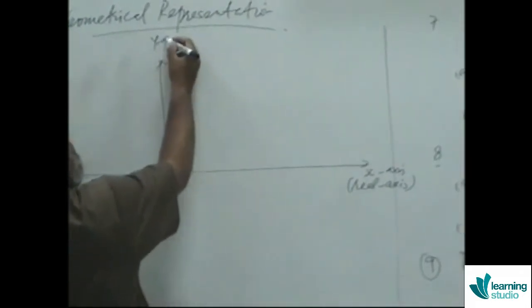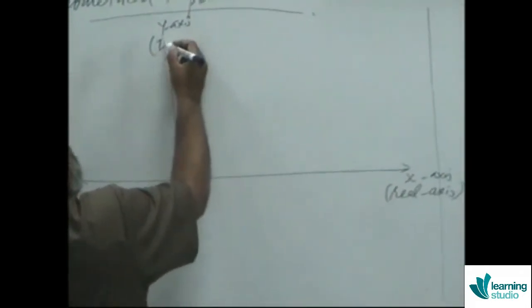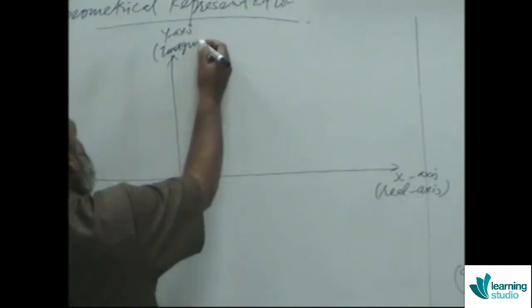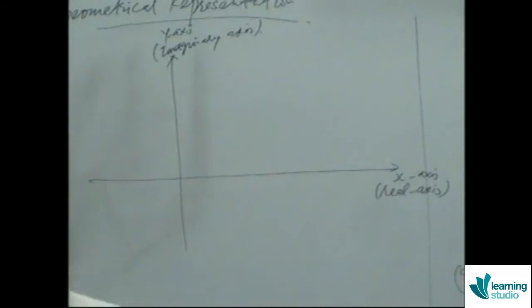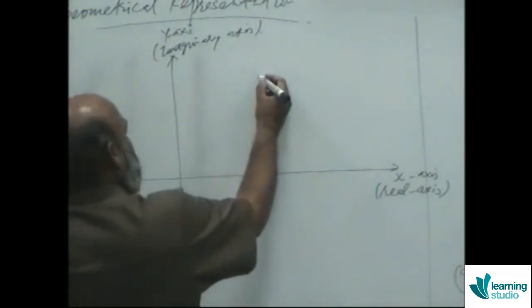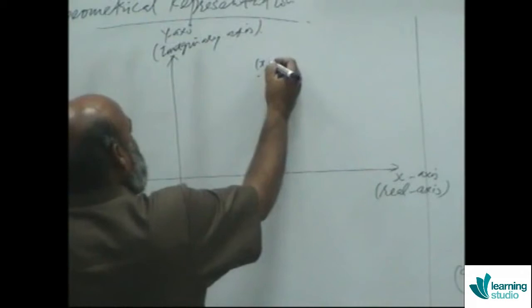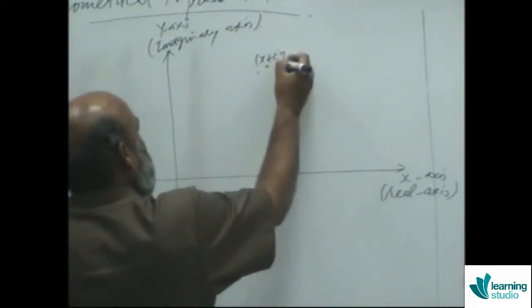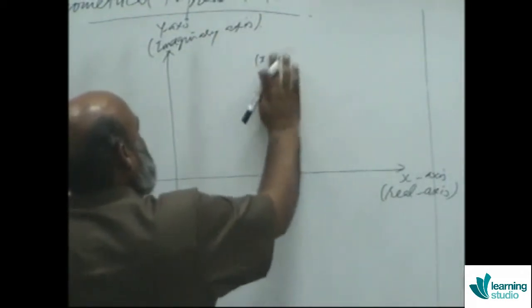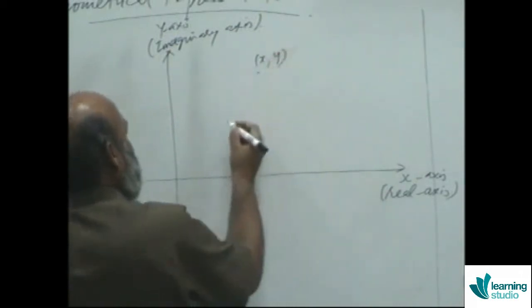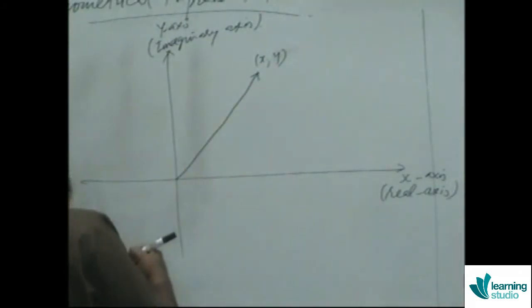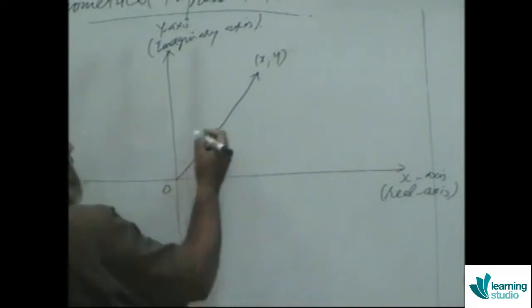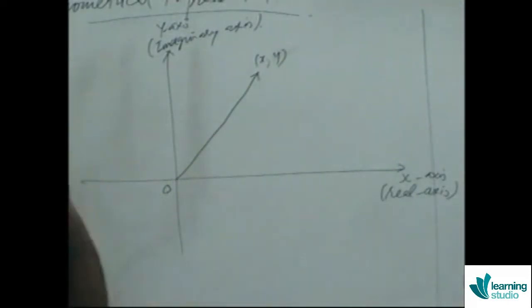This is y-axis, also called imaginary axis. Then if we have this point, this x plus iota y, that means if this is an ordered pair basically, then the complex number is this vector emanating from the origin to this point. So this is a complex number.